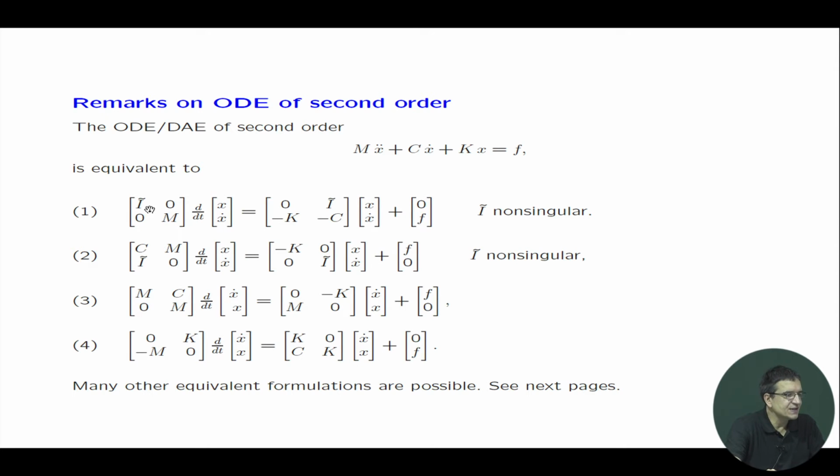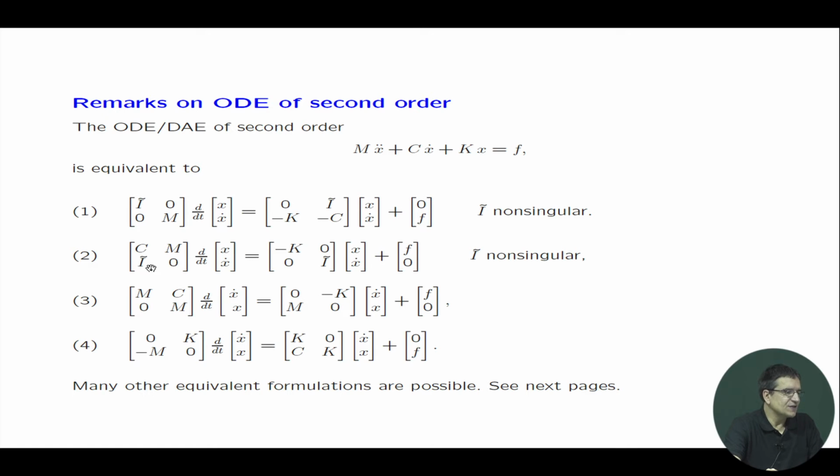Okay, and here I wrote an I tilde because in the standard case this is the identity matrix, but you can put here any non-singular matrix. This is in particular nice if you want to have some symmetry in these matrices. For instance, you can put here for the I tilde minus k again, or k, whatever you like.